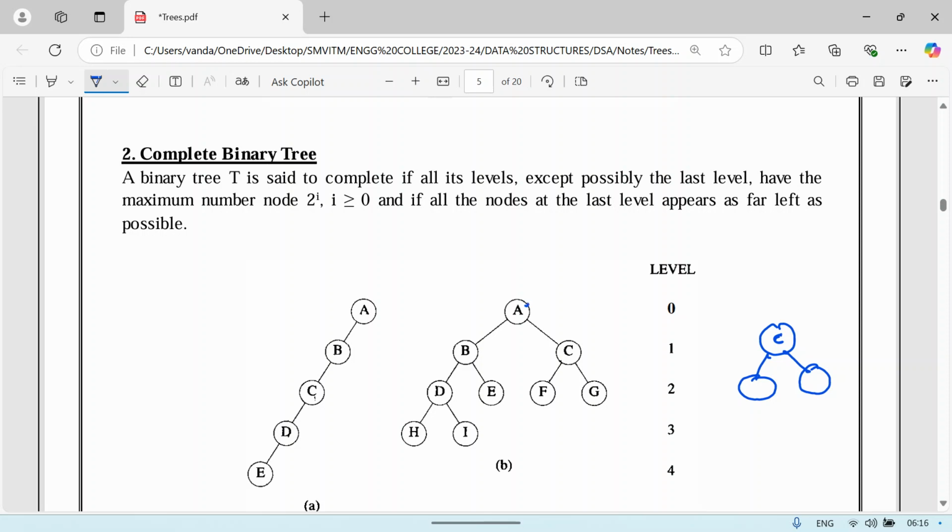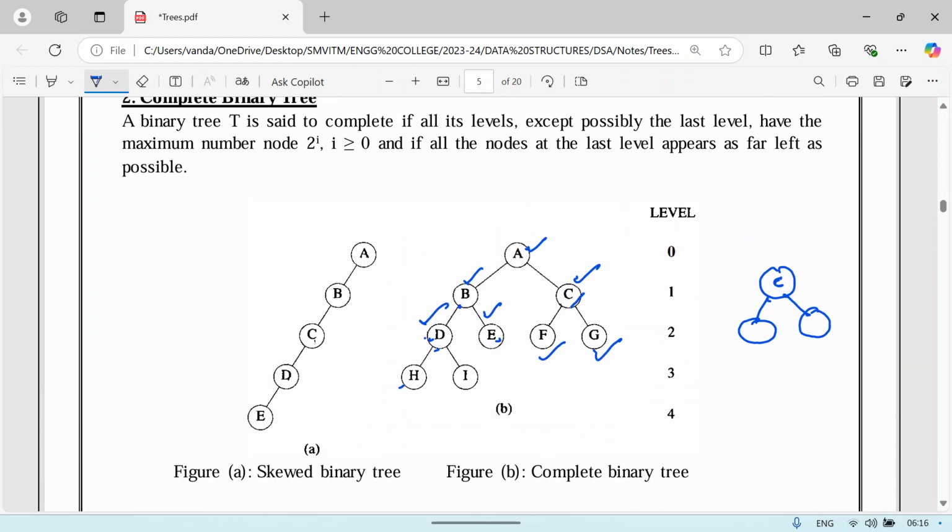See, for example, here A has two child nodes, C has two child nodes, B has two child nodes, and D has two child nodes. These are called a complete binary tree.